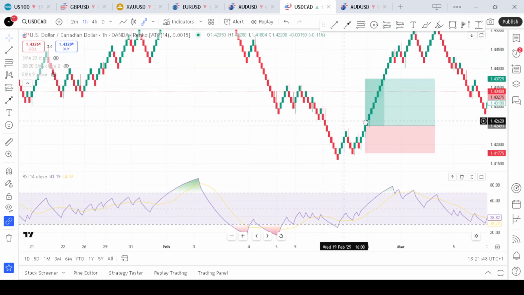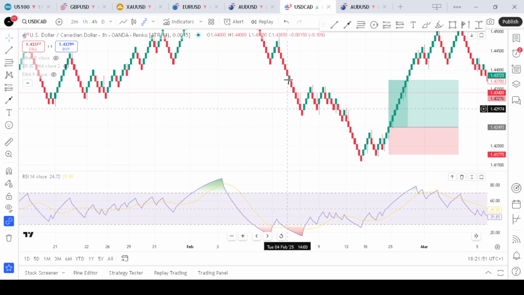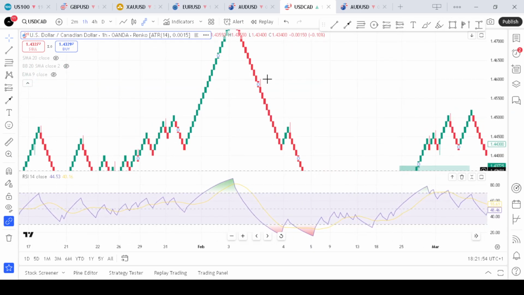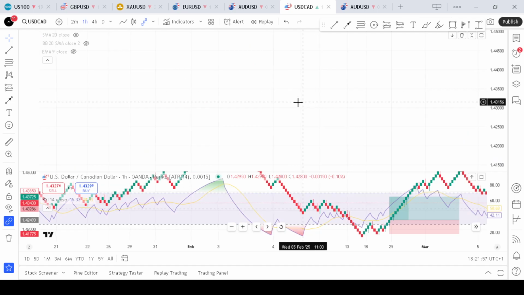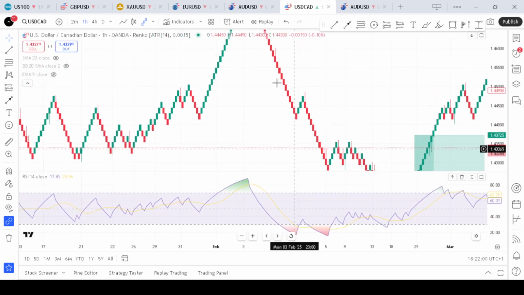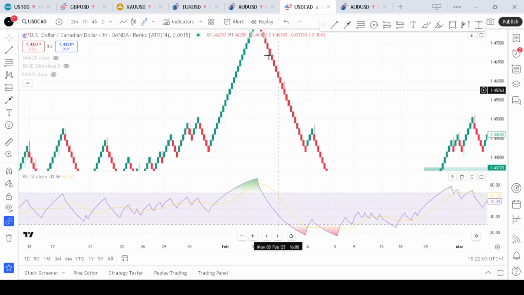But when price is constantly below your 50 and you can count 2 or 3 candles in the same direction, this is a signal for lower prices.